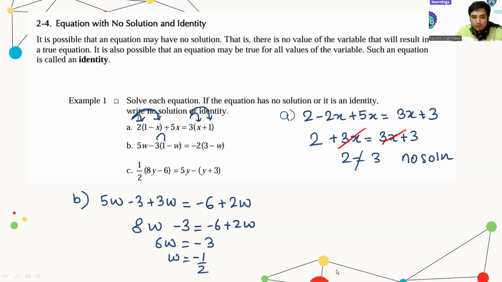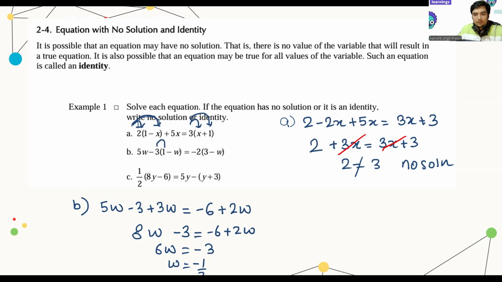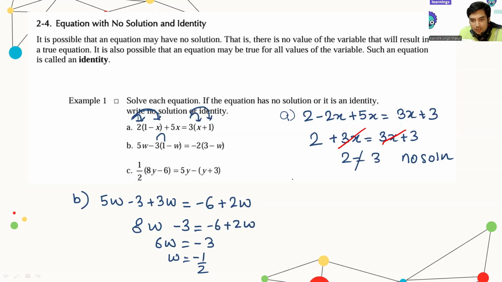Now you have the third equation here, the C part, which says half of (8y minus 6), so 8y divided by 2 minus 6 by 2, is equal to 5y minus y minus 3.